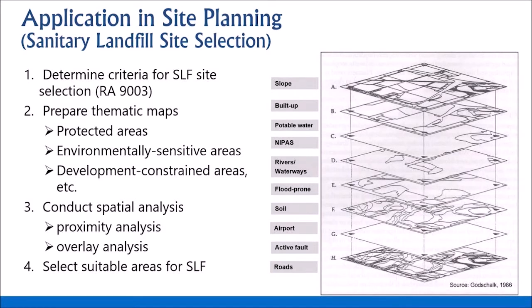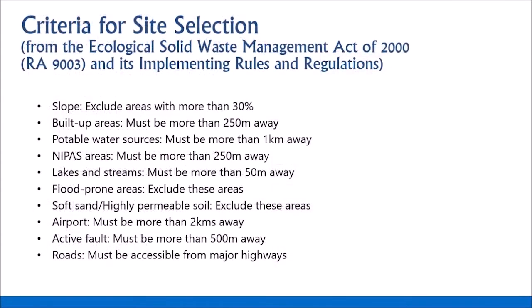You prepare the thematic maps, you conduct spatial analysis, and then last one, you select the suitable areas for SLF. Now the criteria for site selection comes from RA 9003 and its implementing rules and regulations.